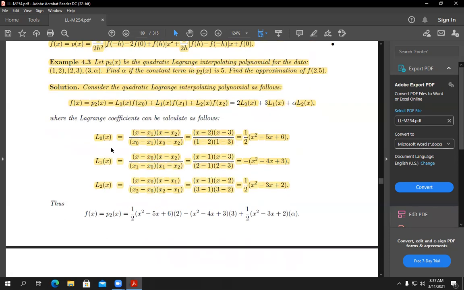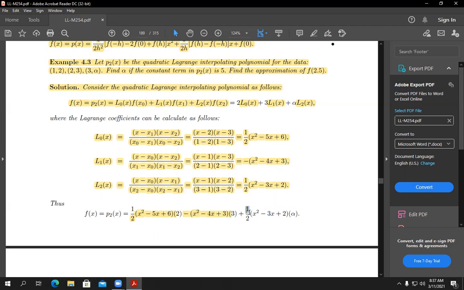So after computing the values of L0, L1, and L2, put them in the formula. So you have L0 into f of x0. f of x0 is 2, as we already have here. And then you write L1(x), into f of x1, which is 3 here.